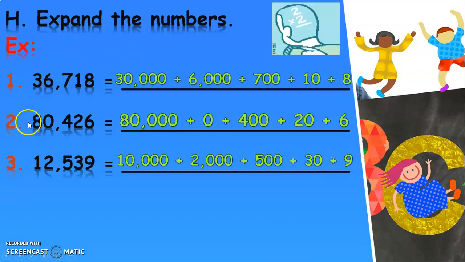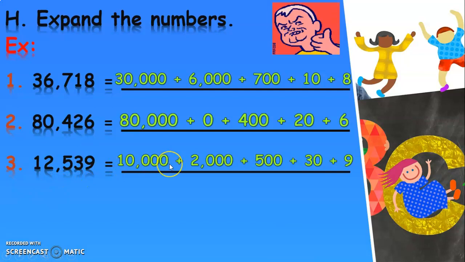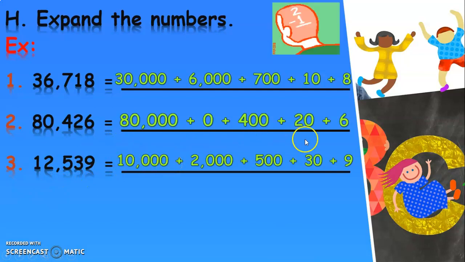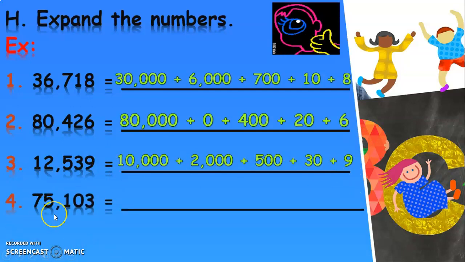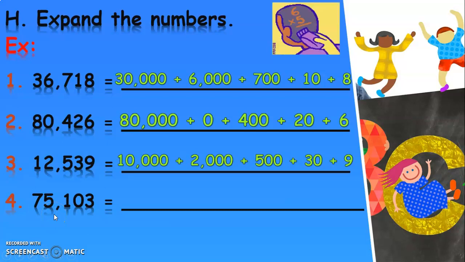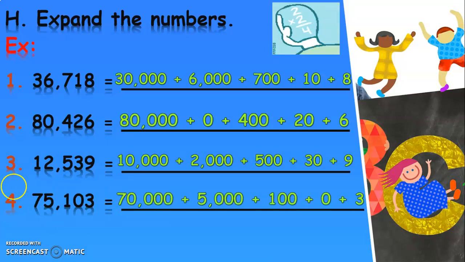Remember that we are writing this number using its digit value. That is how you write the number in its expanded form. So for number 4, 75,103 equals 70,000 plus 5,000 plus 100 plus 0 plus 3.